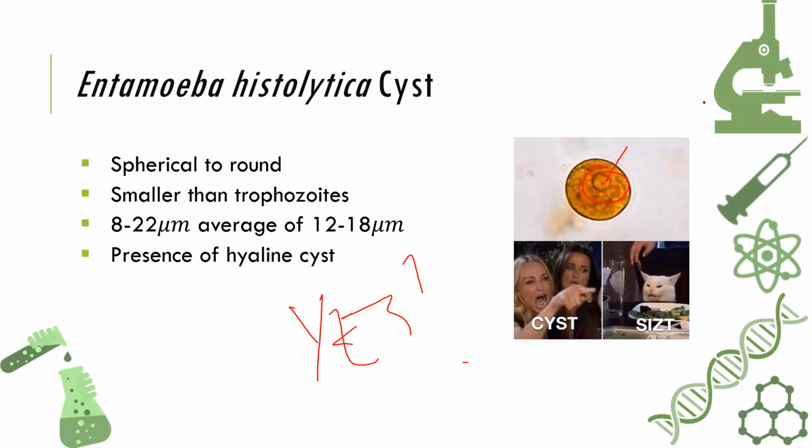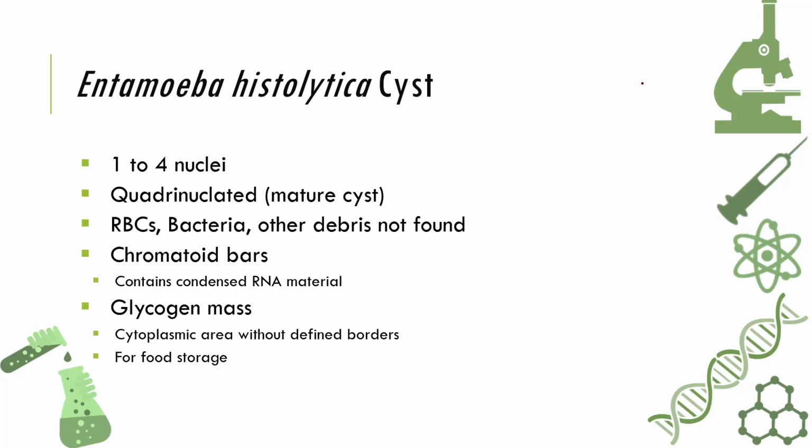May lobes ang ating WBC. Ang ating cyst, wala siyang lobes. Meron siyang nucleus. Ang ating WBC, wala namang nucleus, pero may lobes. Okay. So remember, this is a mature quadrinucleated cyst, 1 to 4.